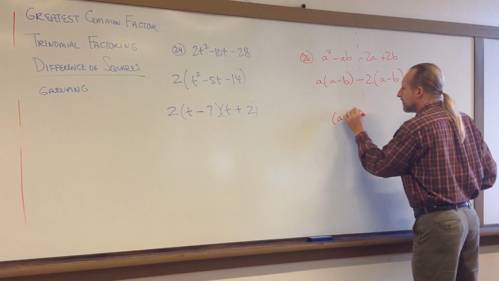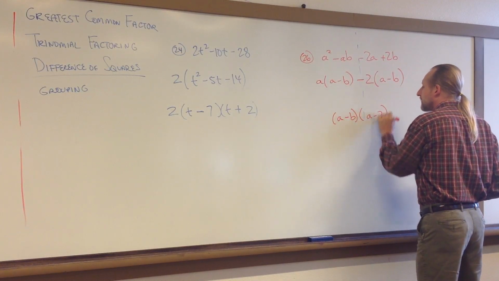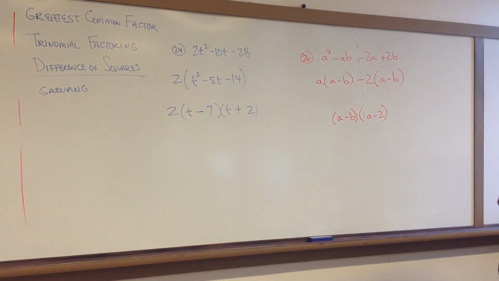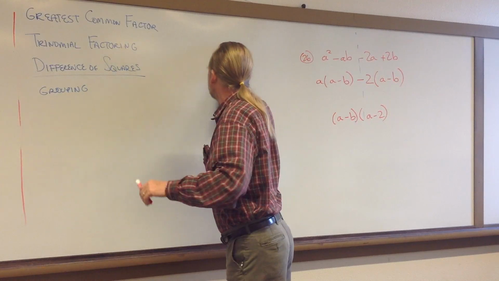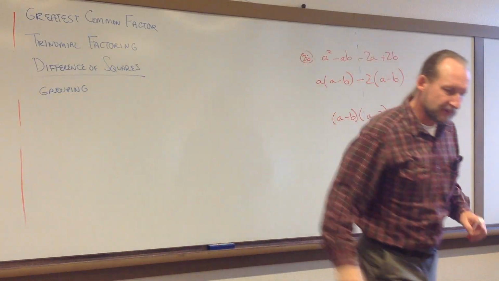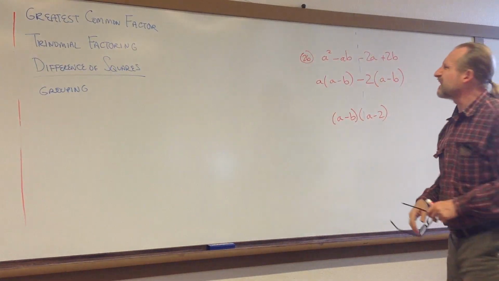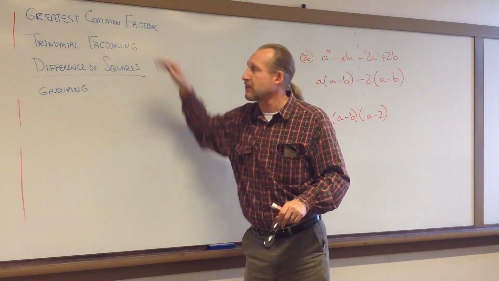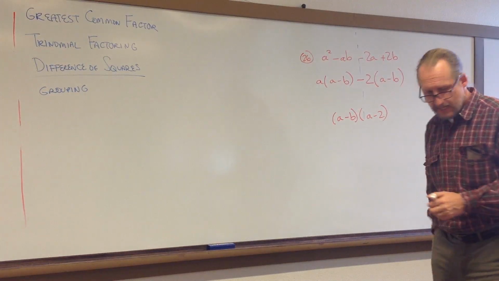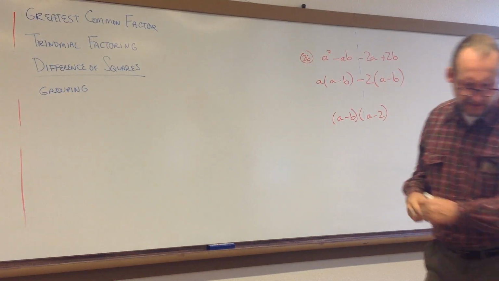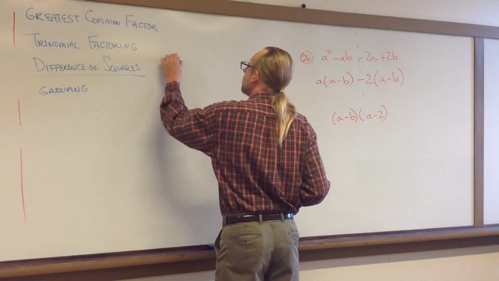That allows us to factor it out as a common factor, and there's the factorization for number 26. Yeah, that factoring by grouping, I think, is the trickiest of all of these. Some people may find it to be straightforward. That trinomial factoring can get a little bit tricky as well. Let's see here. All right, problem 28. 16x squared.